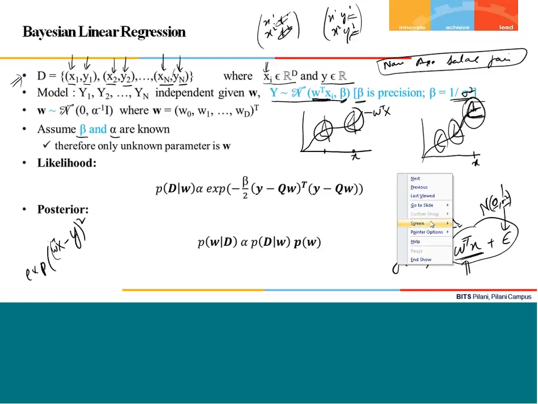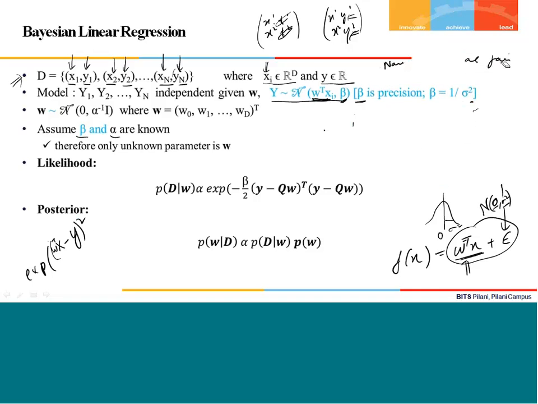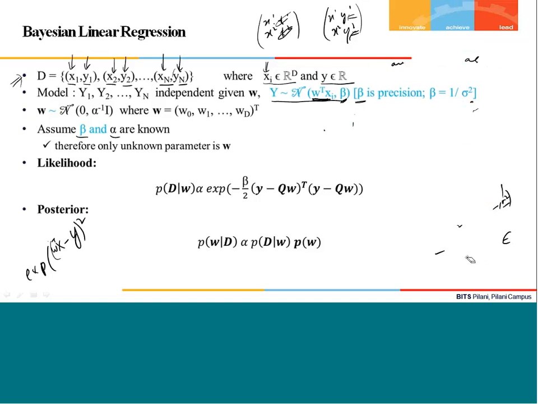Just to discuss a little more on it: we are multiplying because of the independence assumption given w.